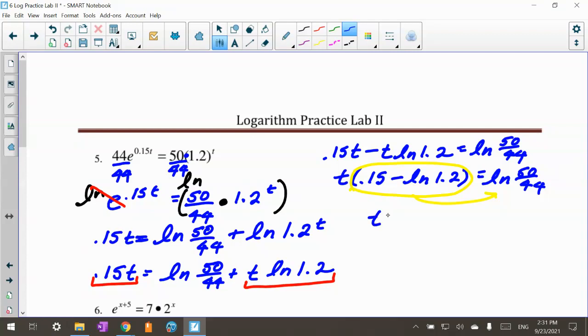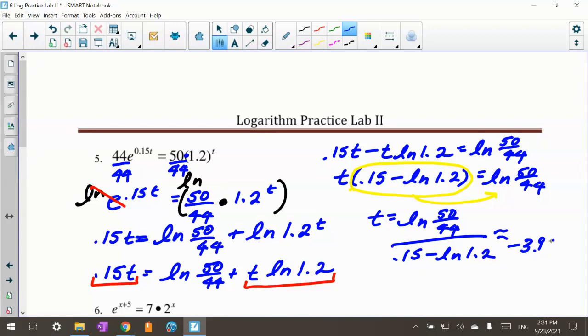So I have t equals the natural log of 50 over 44 divided by 0.15 minus the natural log of 1.2. And when I put that in my calculator, I get negative 3.95505. I went a little bit further on that one.